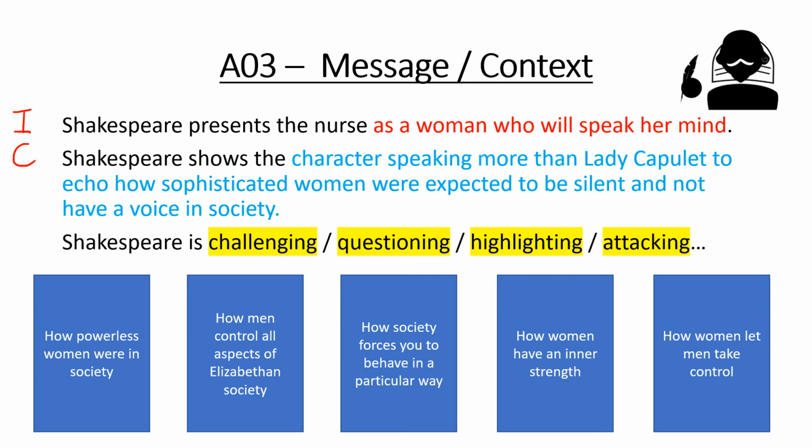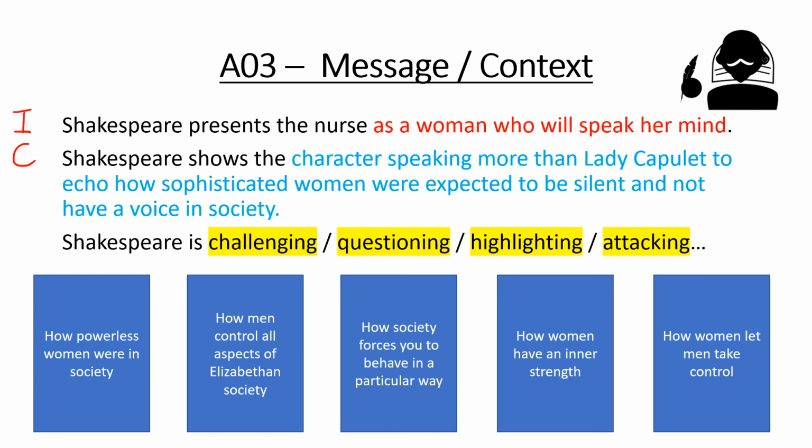Lady Capulet doesn't have a say. She's quiet. She's voiceless. And if we think about Juliet, Juliet's locked away in her house. She's got no voice. She's hidden away. And when she tries to speak, her father threatens to kick her out of the house and disown her. So we see that idea.